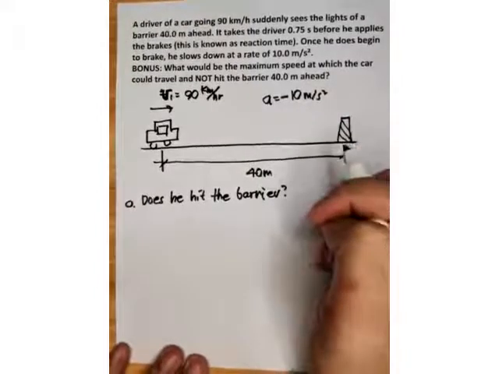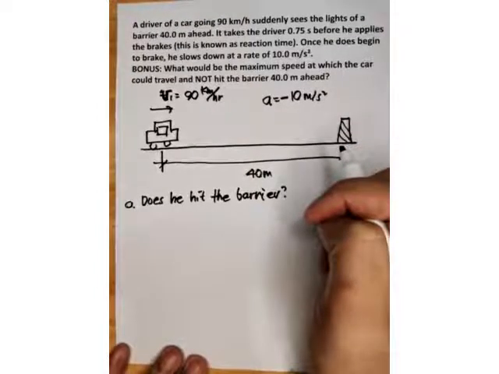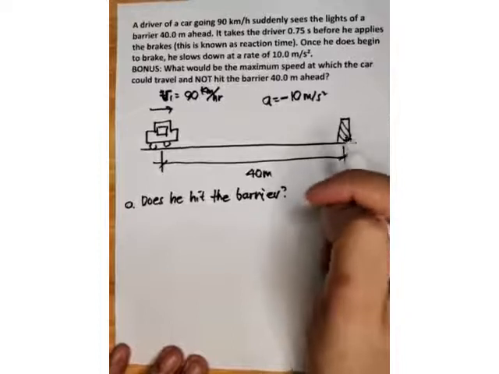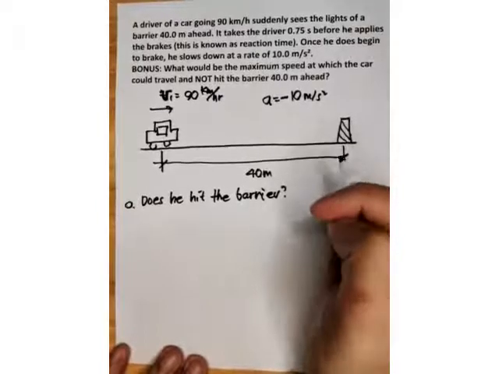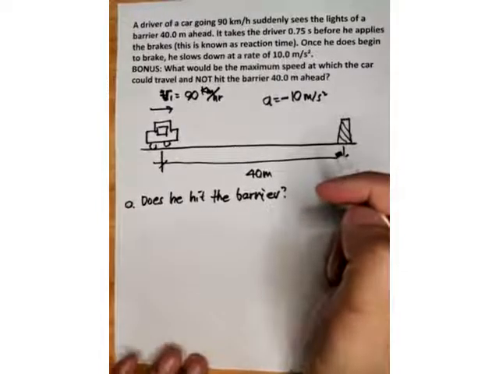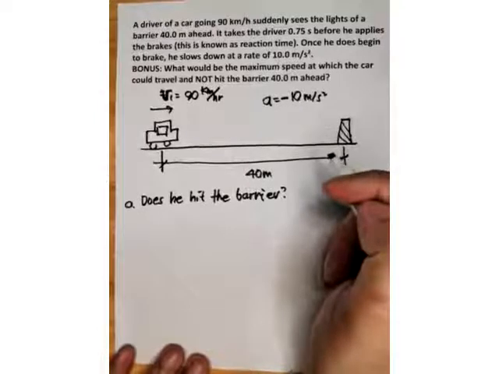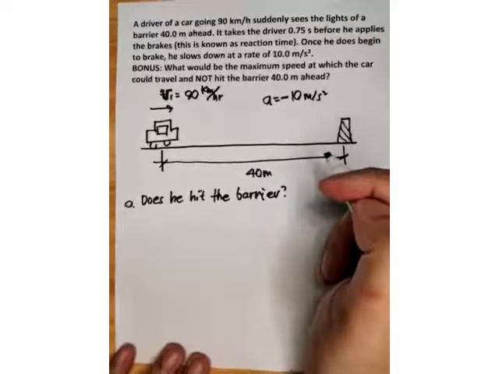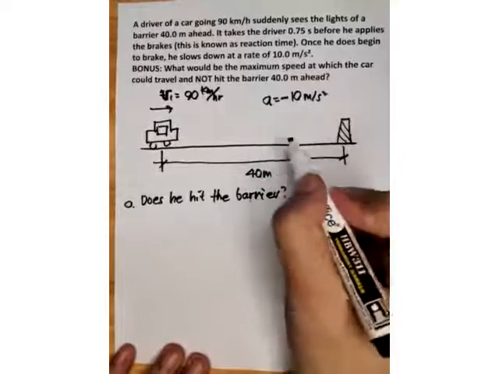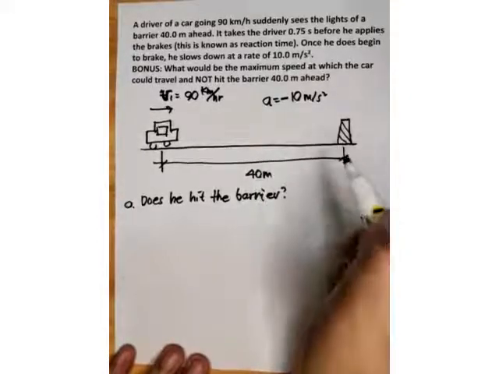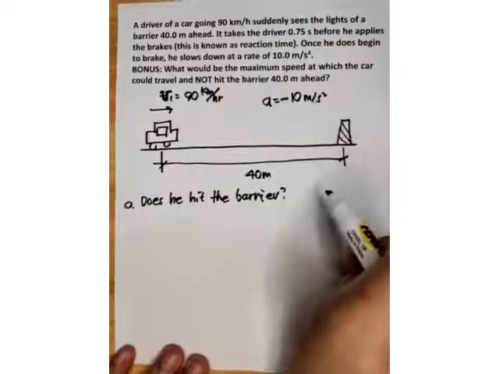Kasi nag-break siya. So, titingnan natin kung hihinto siya at kung huminto siya ng mahigit 40, ibig sabihin, tatamaan niya. Kung hihinto siya at yung displacement niya is less than 40, hindi niya tatamaan.